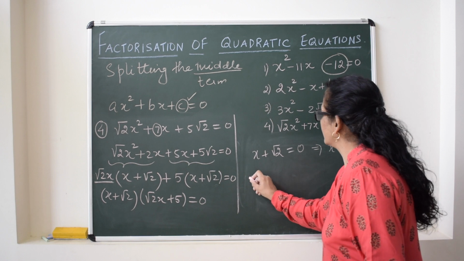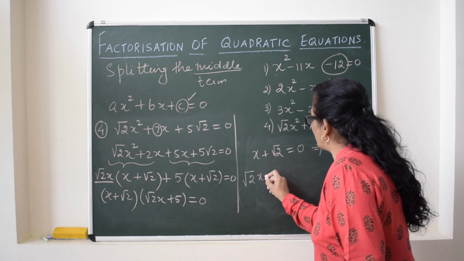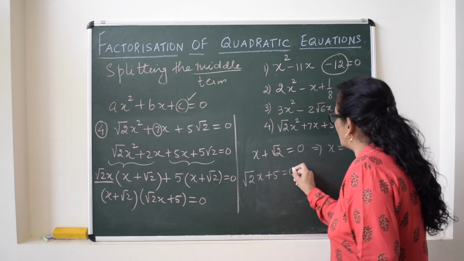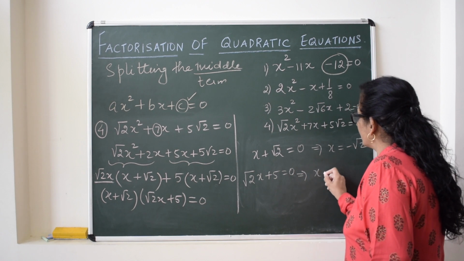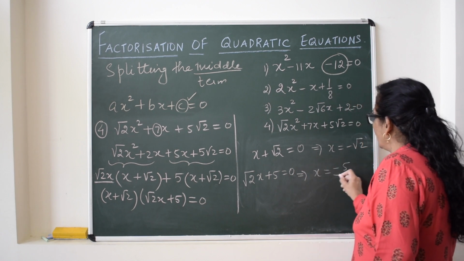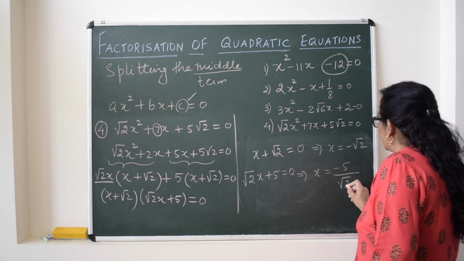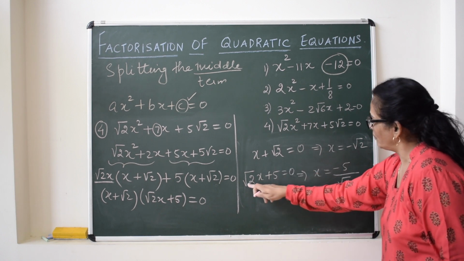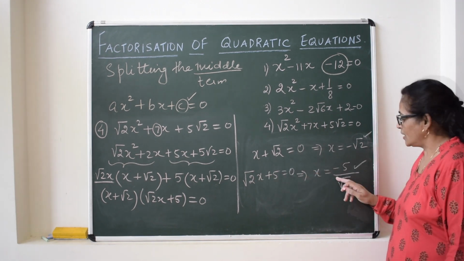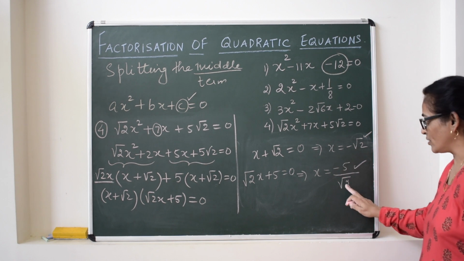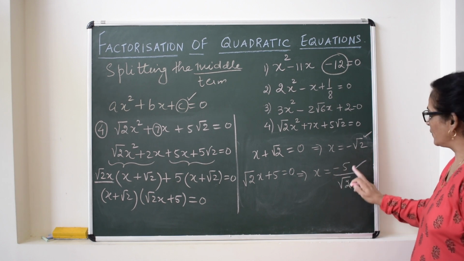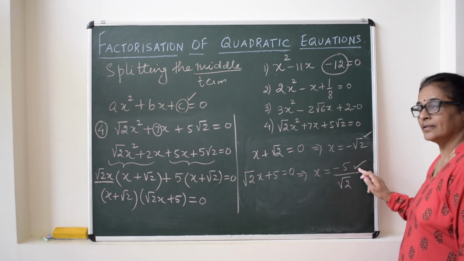Second factor root 2x plus 5 is equal to 0 will give us the value of x as minus 5 by root 2. This further can be rationalized or we can leave the answer like this also.